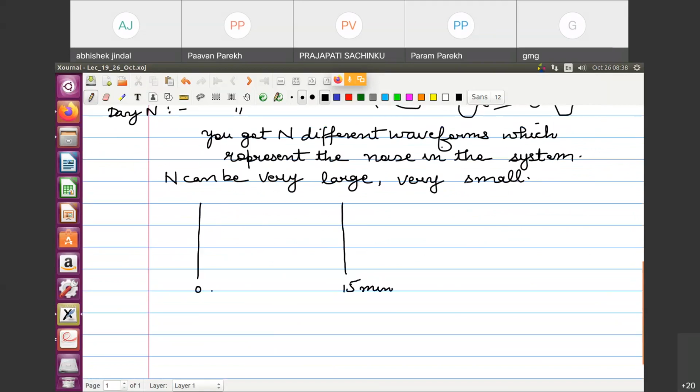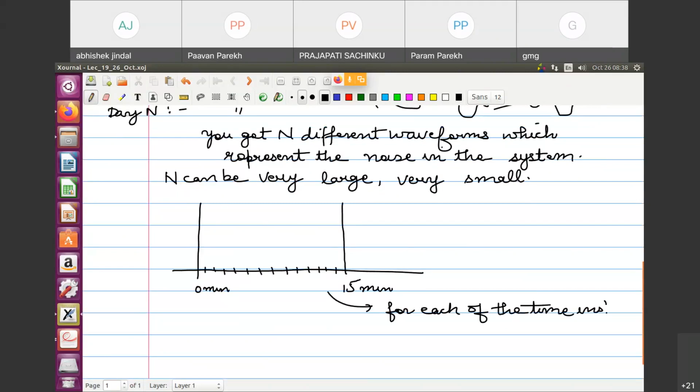And on this axis, suppose I say that for every possible time, there is a random variable. For each of the time instant, there is a random variable.